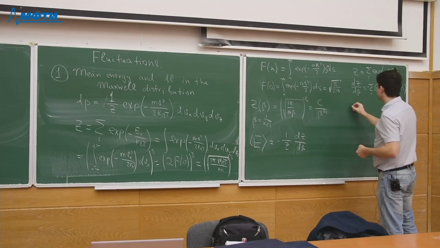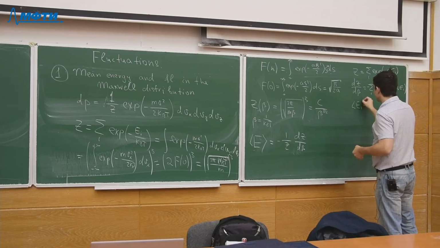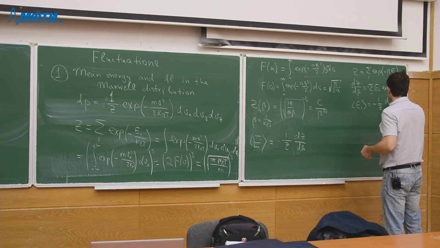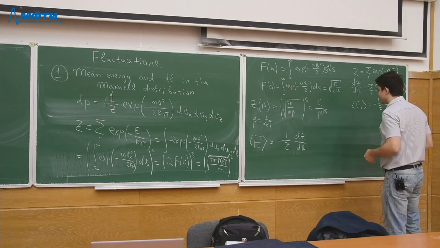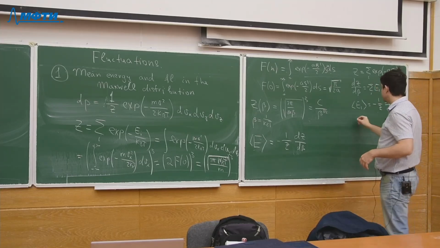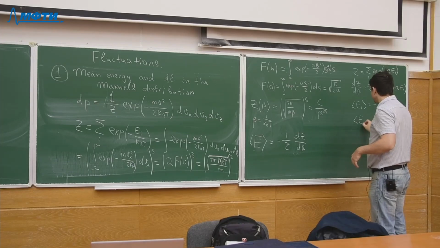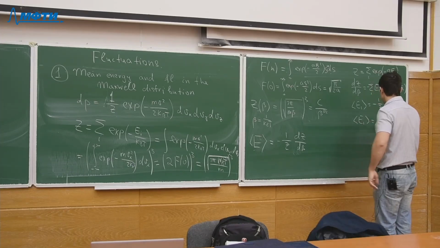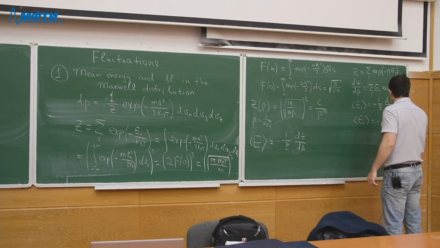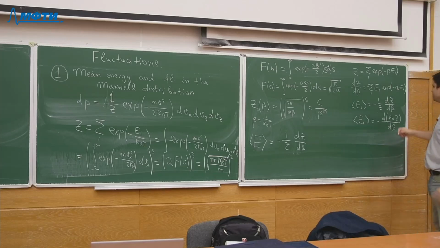So that gives me that average energy is -1 over z, dz over d beta. Or actually it can be written as follows: minus d natural log of z over d beta. In here, I use that dz over z is actually a d logarithm of z.